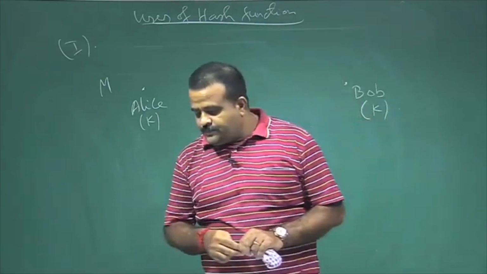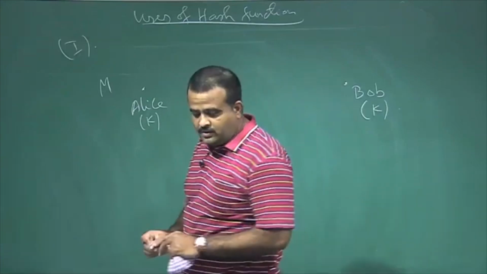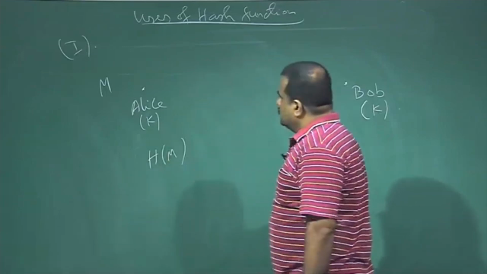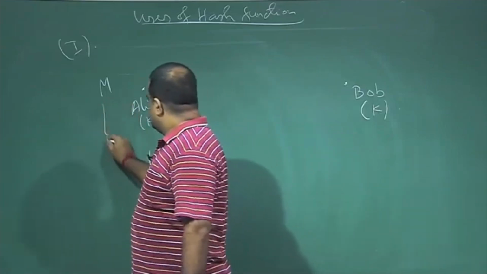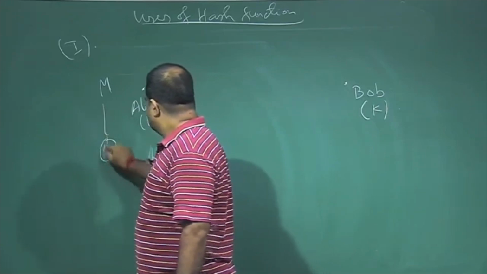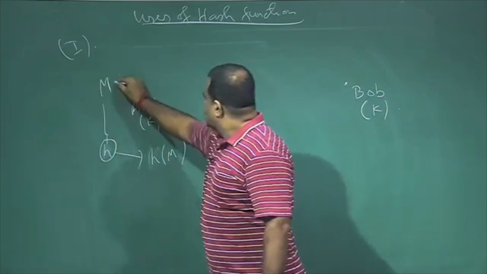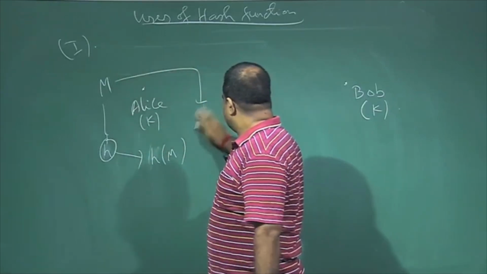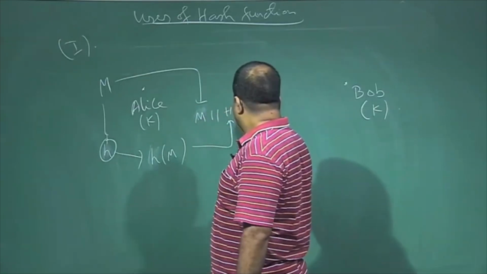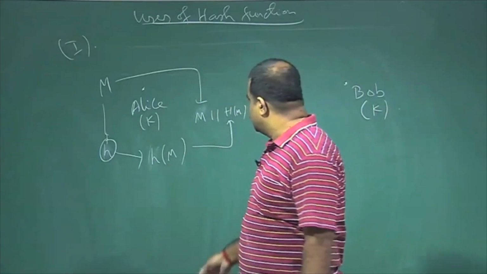So, what will Alice do? Alice will first apply the hash function H on this message and get H of M, and then Alice will concatenate the message along with this H of M, and then Alice will encrypt this using the key.